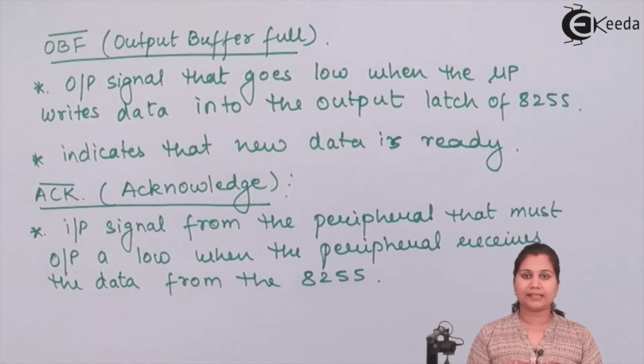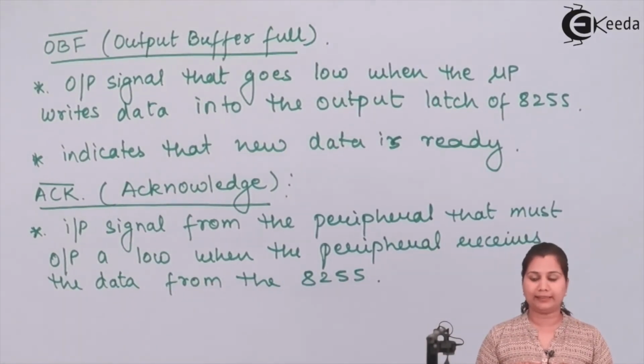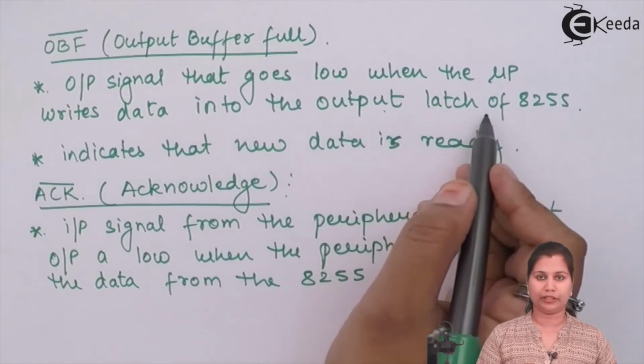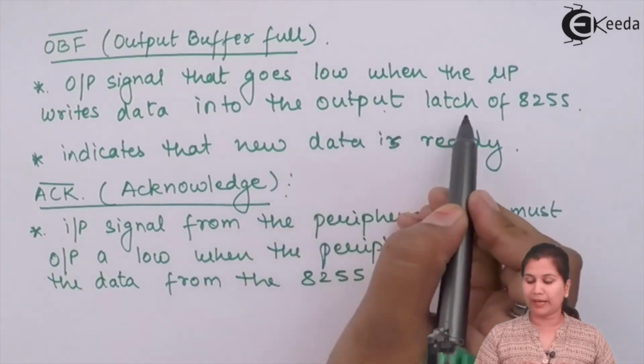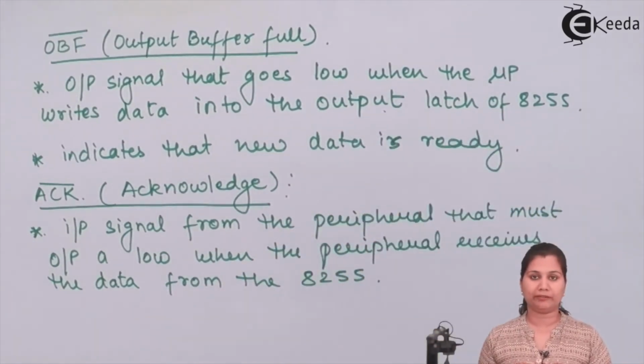The data has been sent by the microprocessor and is present in the output latch of 8255. This data byte has to be transmitted to the peripheral device.